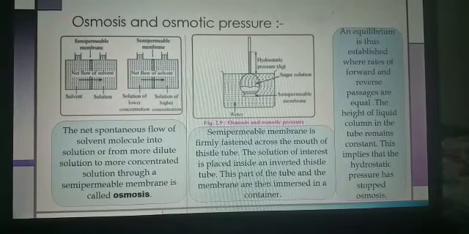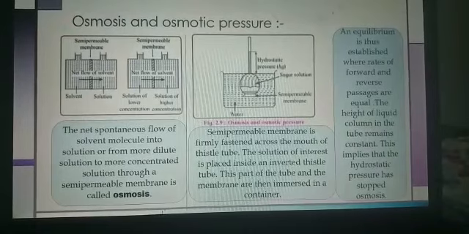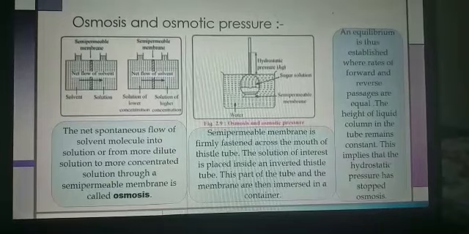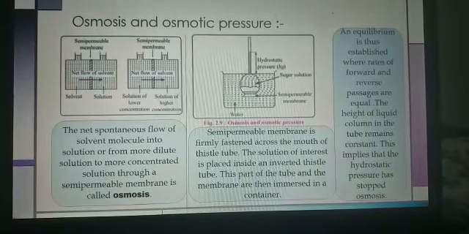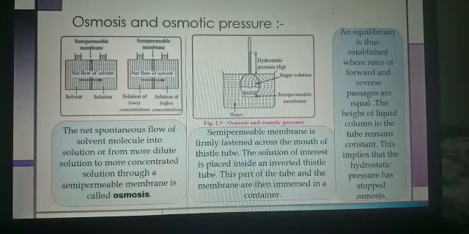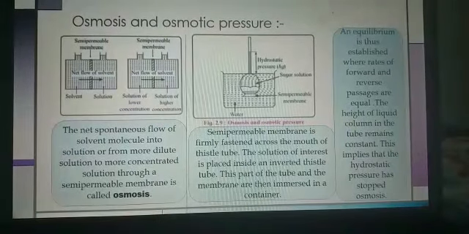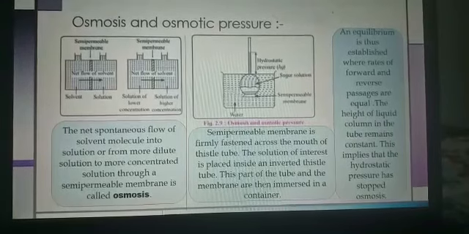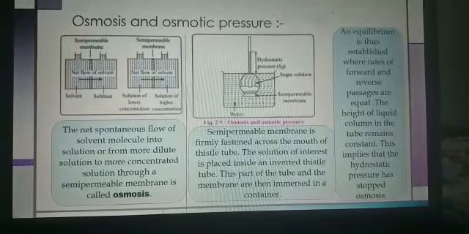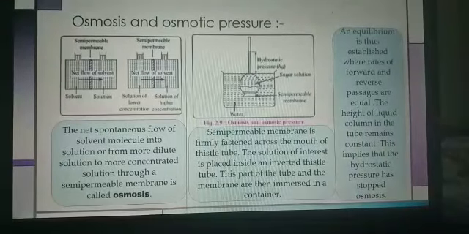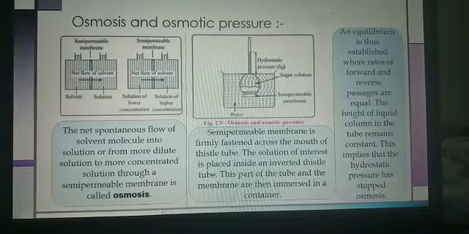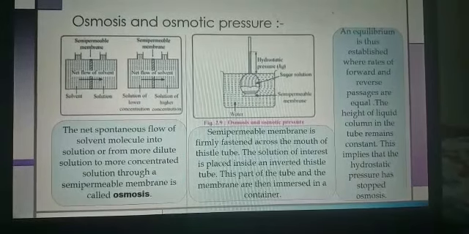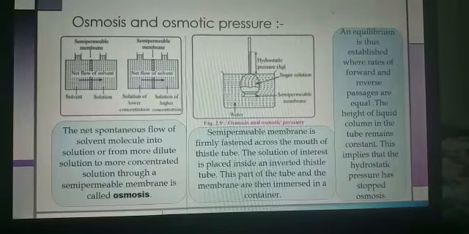Since solvent is on both sides of the membrane, the rate of passage of solvent molecules into the solution, or from the more dilute solution to the more concentrated solution, is found to be greater than the rate in the reverse direction. Dear students, remember this, and it is favorable since the vapor pressure of the solvent is greater than that of the solution.